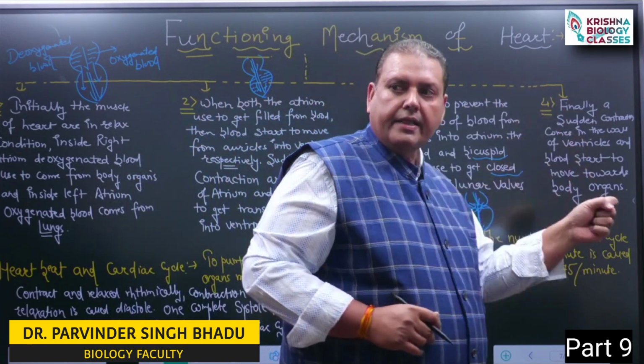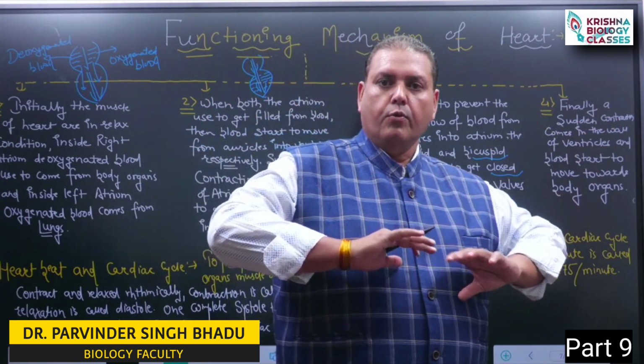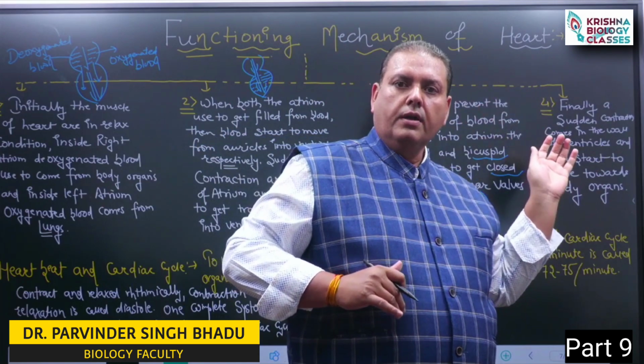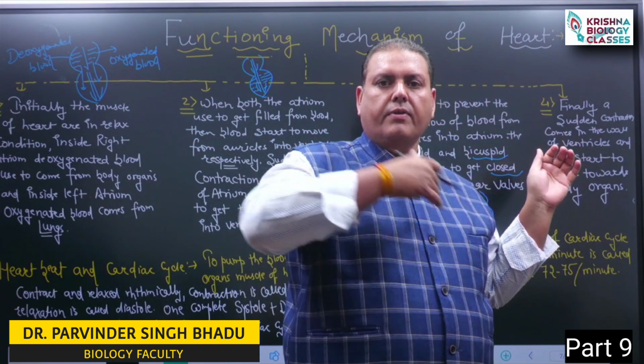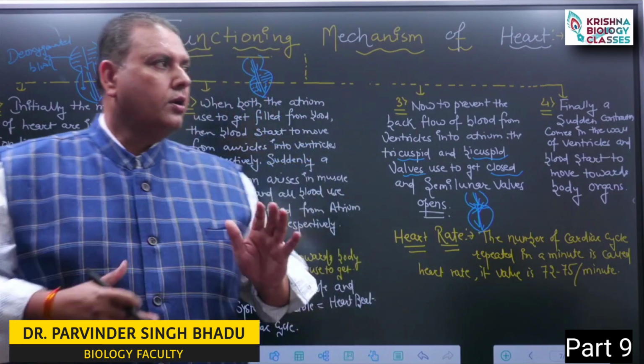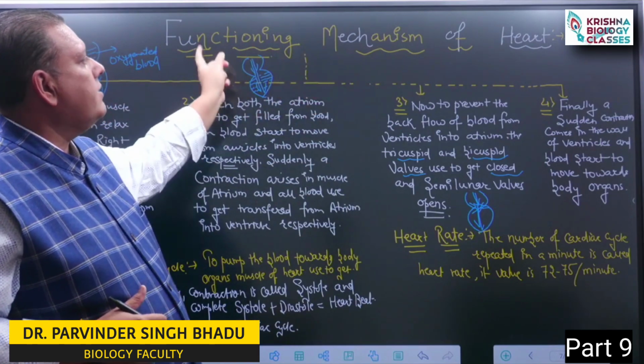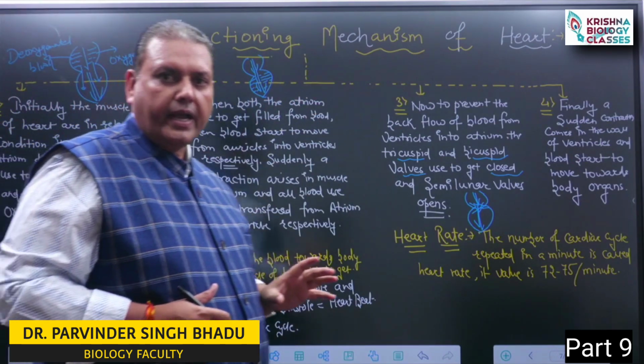Now again the contraction comes in muscles of the ventricles and blood will move from right ventricle towards lungs and from left ventricle towards body organs. So that is how blood used to move with the help of the contraction and relaxation of the heart, which is known as functioning mechanism.